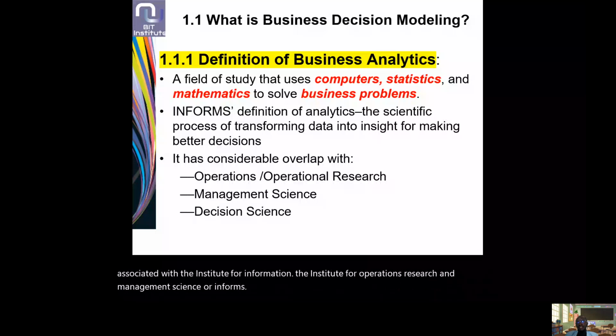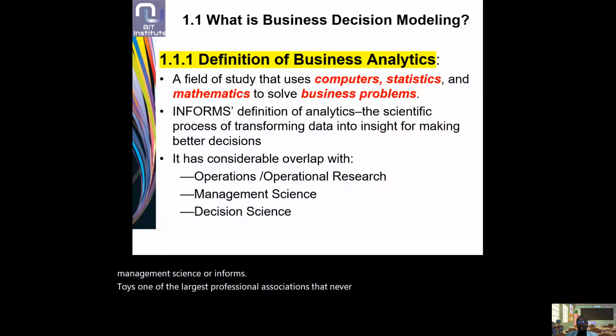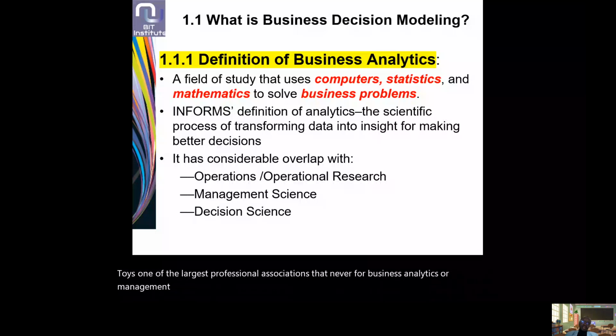It's one of the largest professional associations for business analytics or management science or decision sciences. And they define analytics as the scientific process of transforming data into insight for making better decisions.